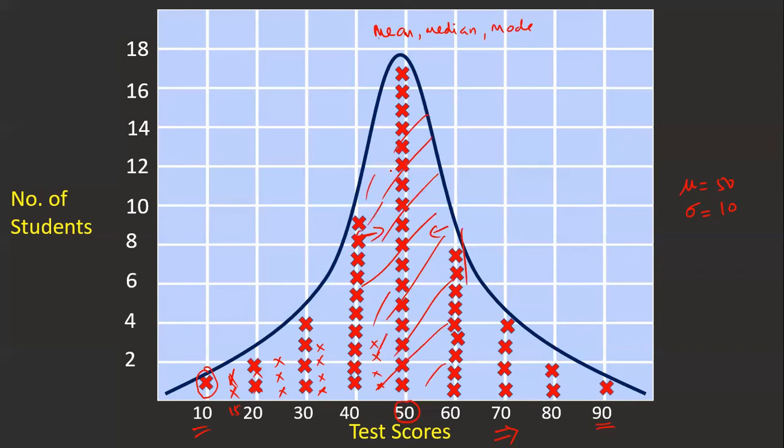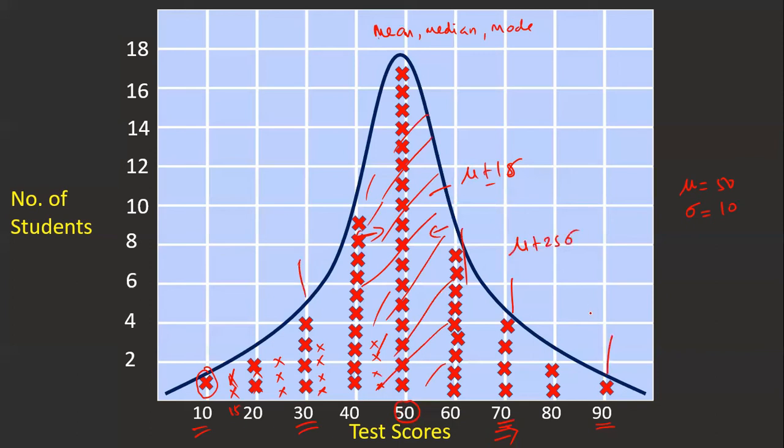That is mu plus or minus 1 standard deviation. Then from 30 to 70, how many people scored? That is mu plus or minus 2 standard deviations.